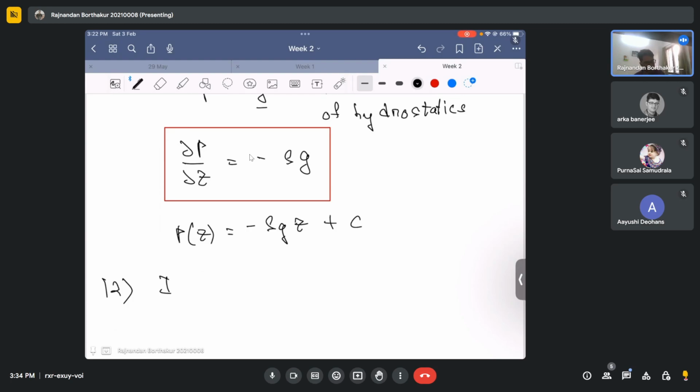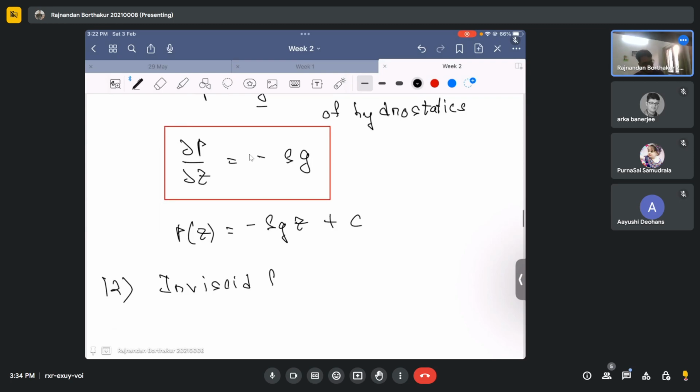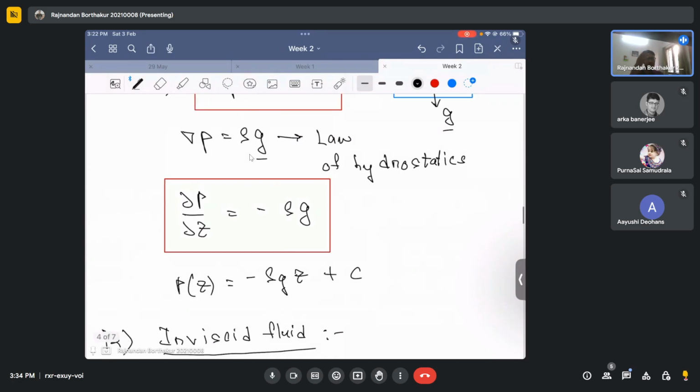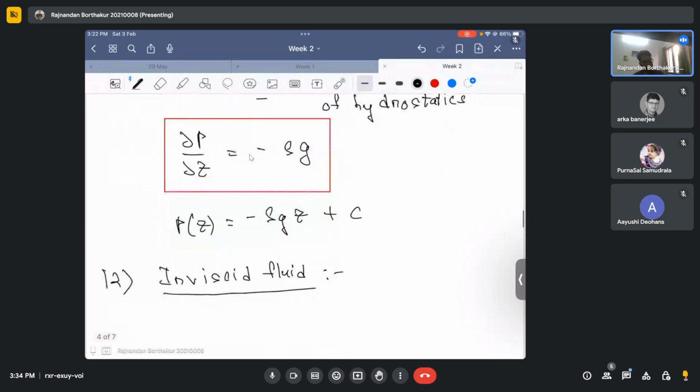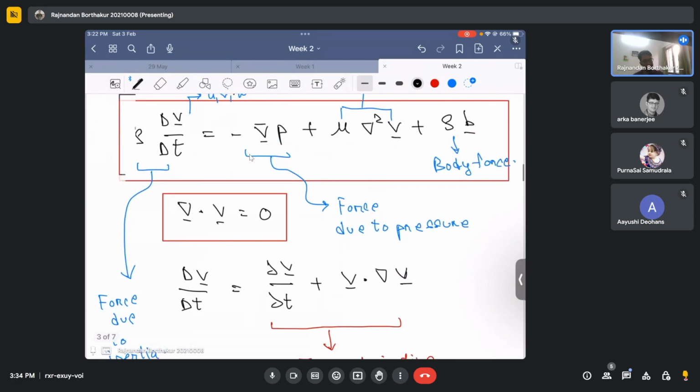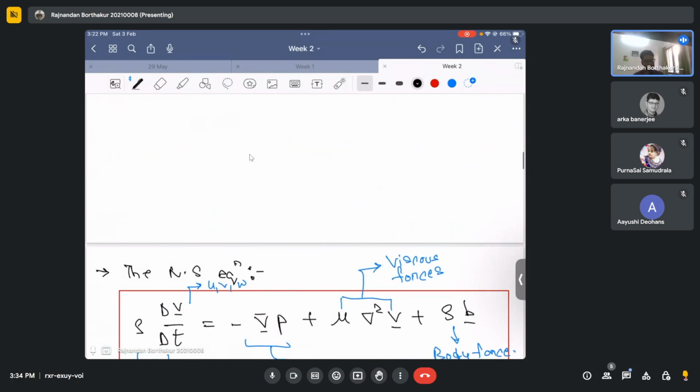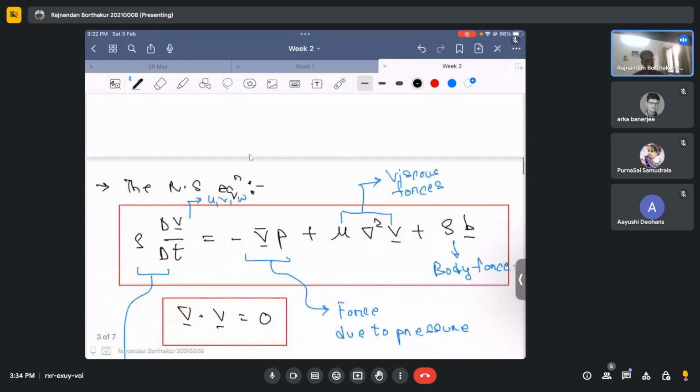So let's look at one more special case, which is the assumption that the fluid is inviscid. As the name suggests, the inviscid fluid assumption means that mu, the dynamic viscosity, equals 0. However, this time the fluid is not static, so we are considering a moving fluid.